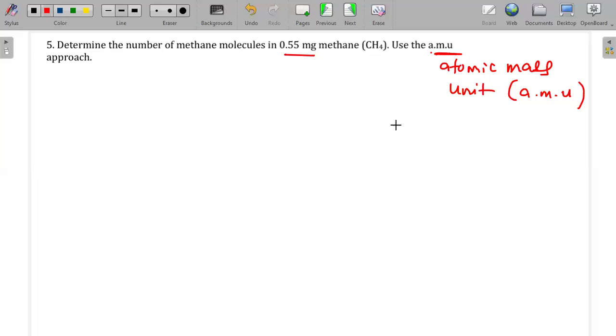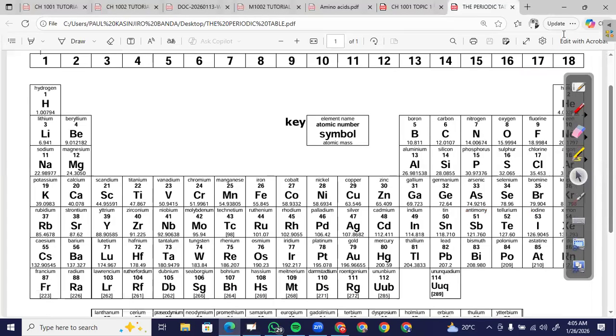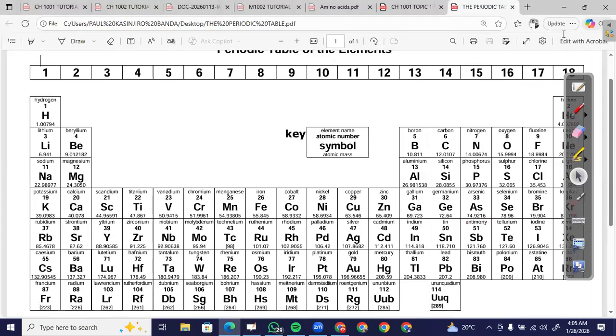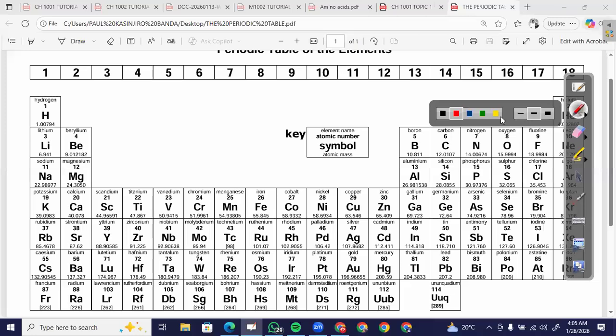When we are looking at the isotopes, the average mass that we find for the different isotopes of a particular element has units that we call atomic mass units. If you go on the periodic table, there's a key on how to use it.